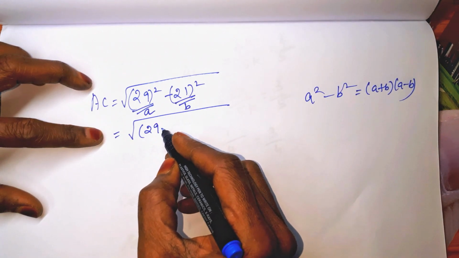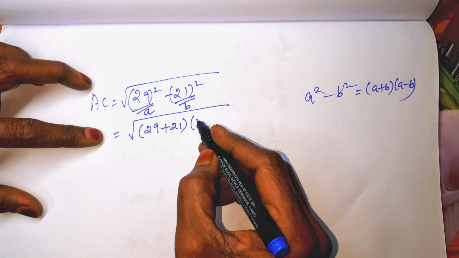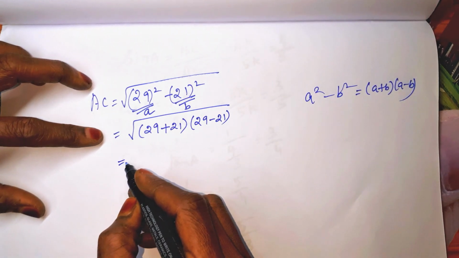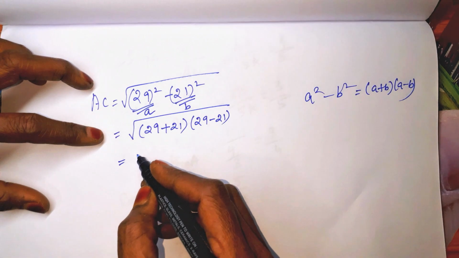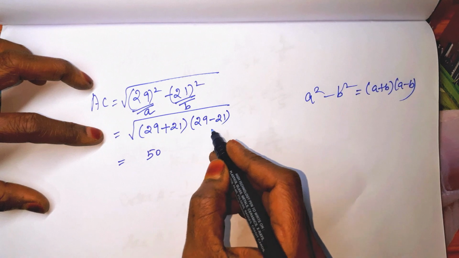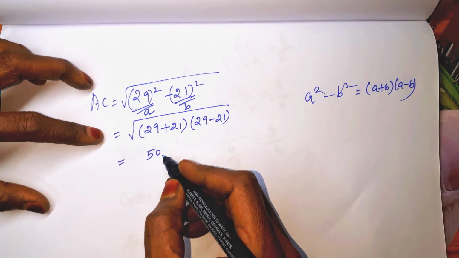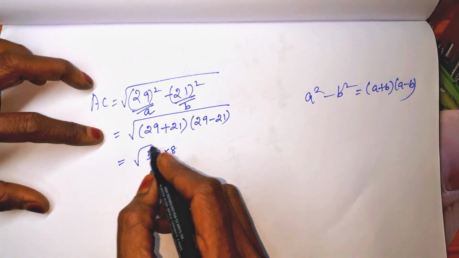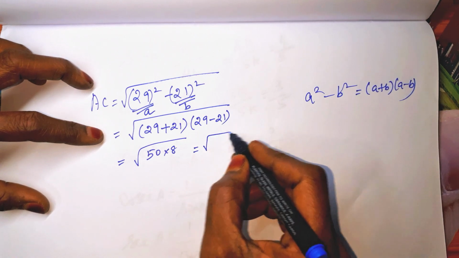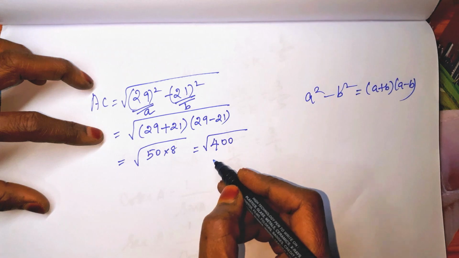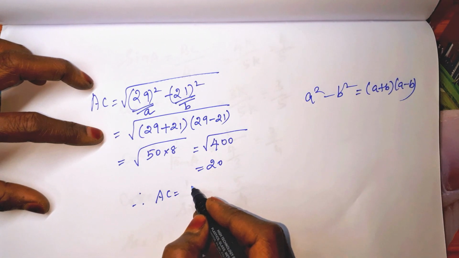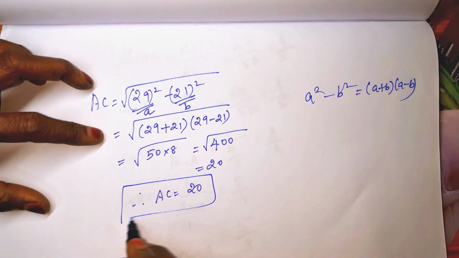So 29 plus 21 into 29 minus 21. What is 29 plus 21? It is 50. What is 29 minus 21? It is 8. So root of 8 into 50, which is root of 400, which is 20. Therefore, AC is equal to 20 units. Is it clear?